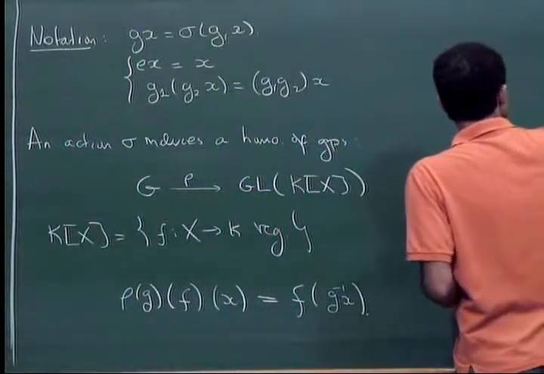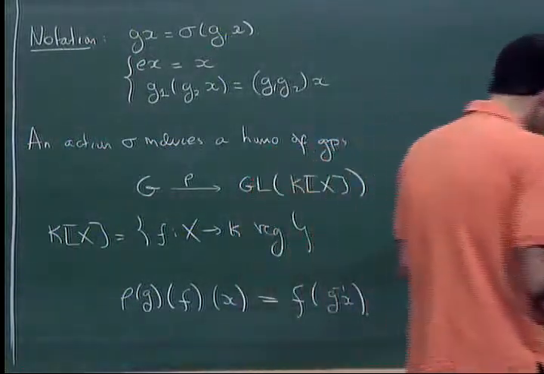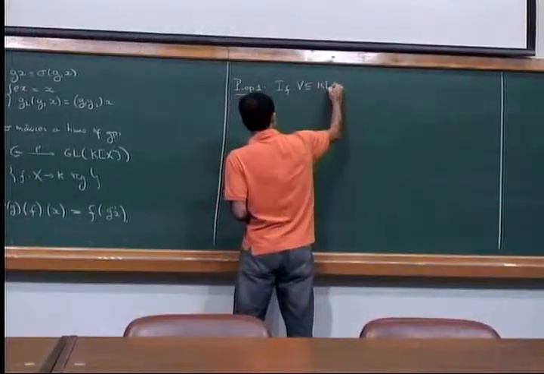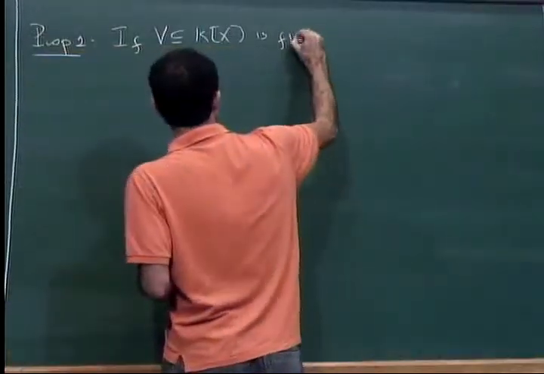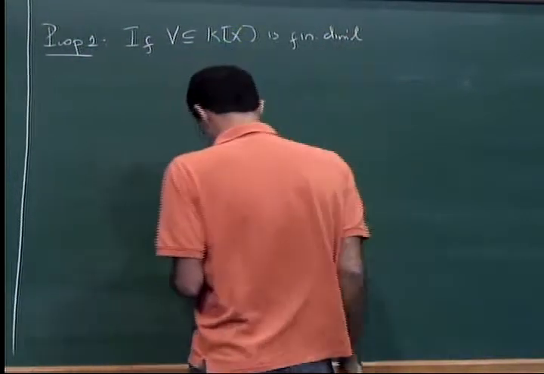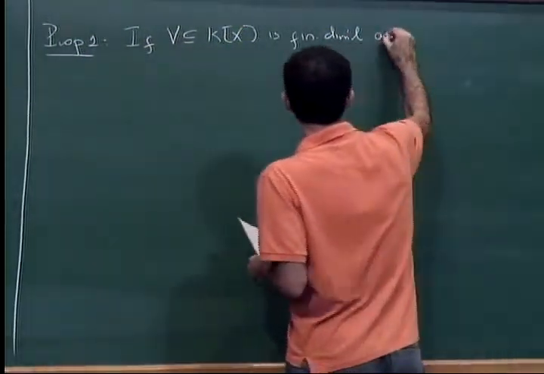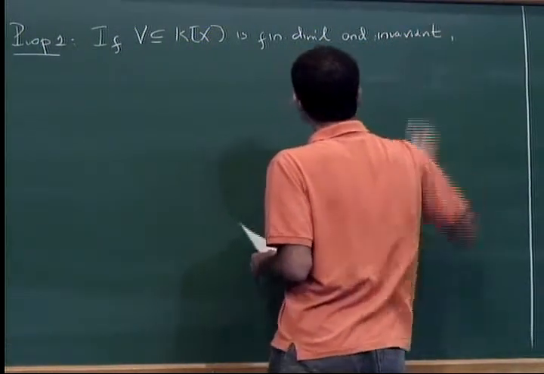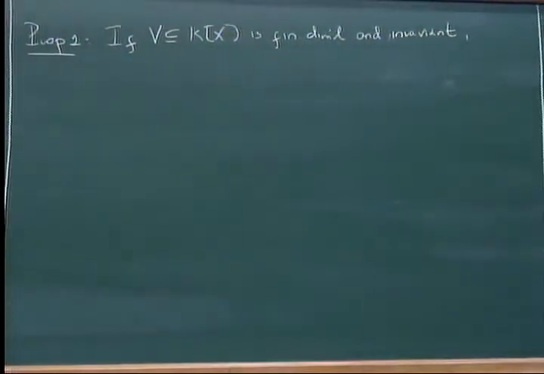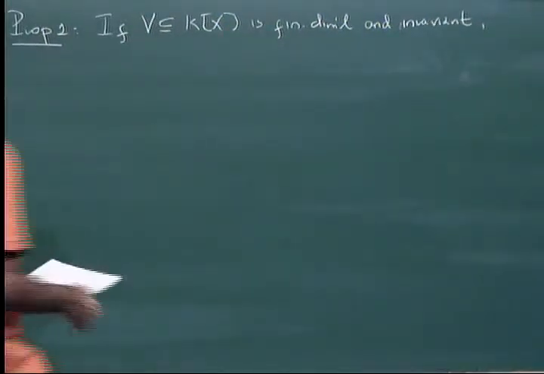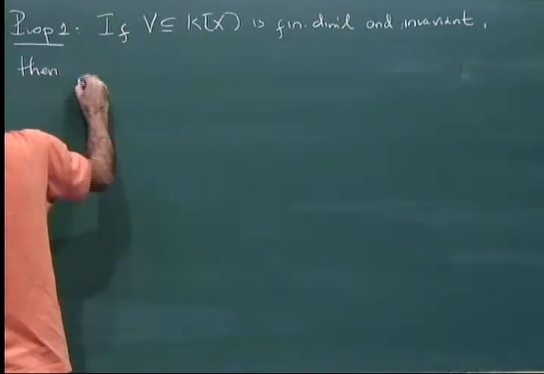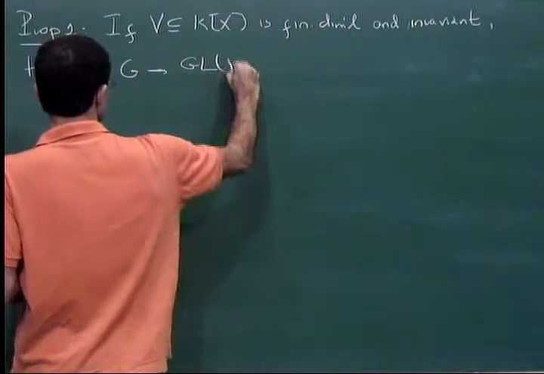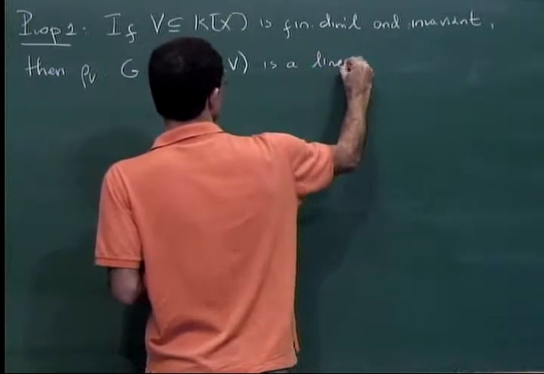So there are two propositions that I'm going to talk about. The first one is that if V is finite dimensional and invariant under this action by rho, then we have an induced action, and this is a linear representation.